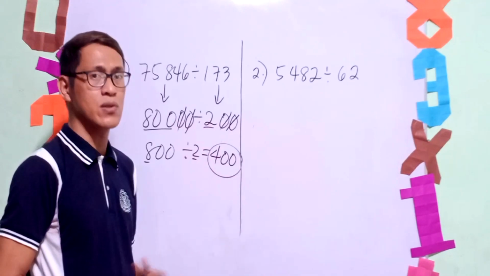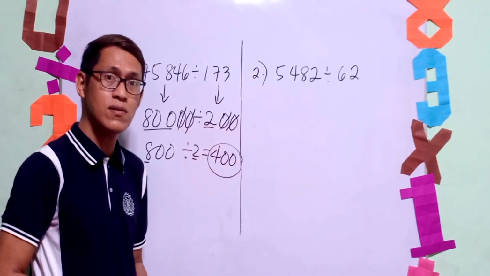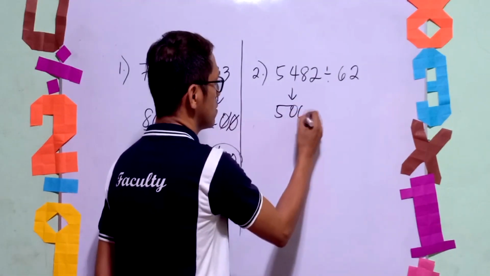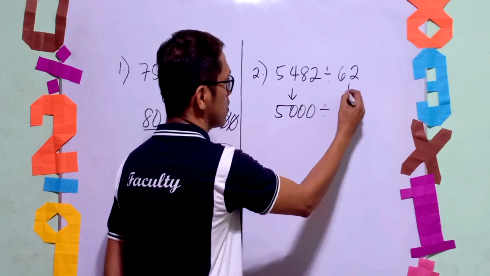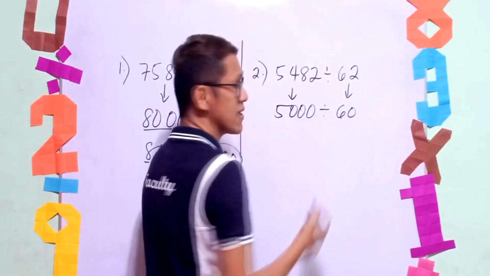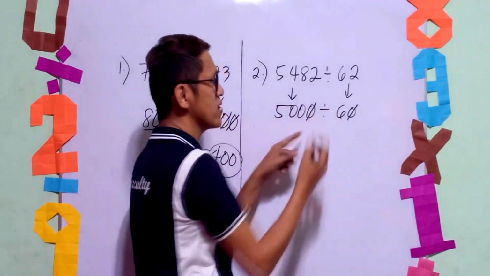What about number 2? Round off the first number to the highest place value. That will give you, correct, 5,000. What about the second number? Yes, 60,000. So let's cancel. There is 1 zero, cancel 1 zero, cancel also 1 zero.